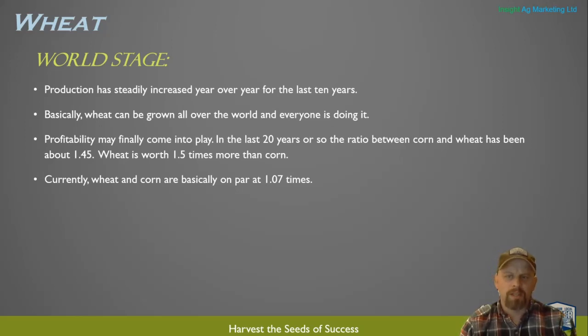So what that really means is that there's no incentive to grow wheat because it's cheaper relative to corn. So you're going to pick that and not grow as much wheat, and wheat will probably suffer an acreage loss. This is basically what we're saying here.